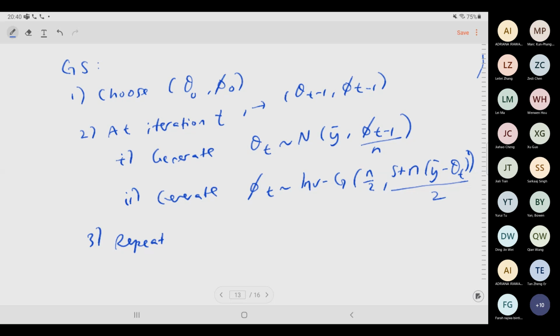But after you update your theta, you want to update your phi. At this time, your theta is already updated, so you have to use theta t.